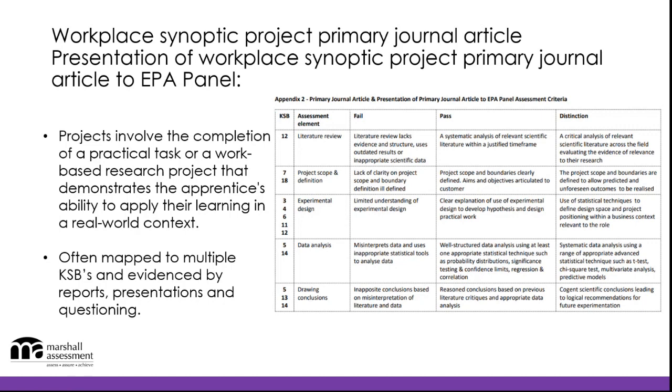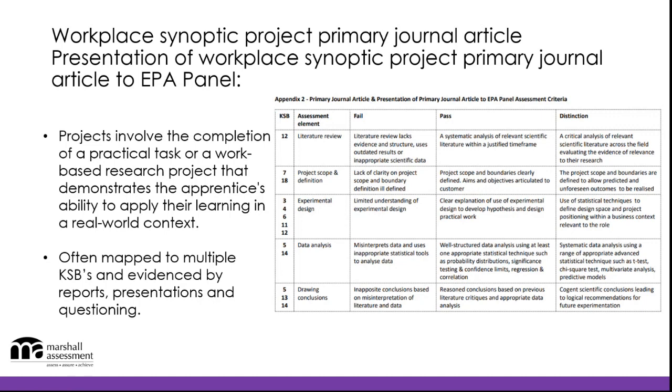There are indicators for you to pass and indicators for you where you would score distinction in a particular assessment element. And also it talks about where there might be a lack of evidence and you failing that particular assessment element. So here, the first one, the KSB 12, that's what it links to, back to the front page of iFate.